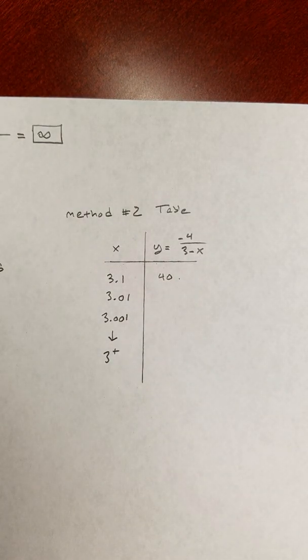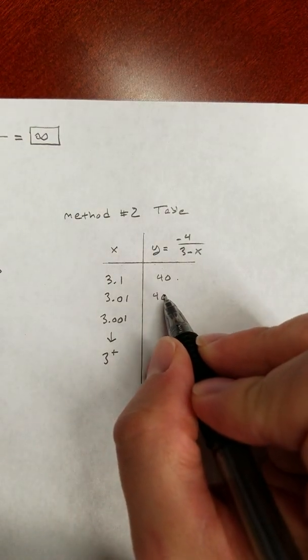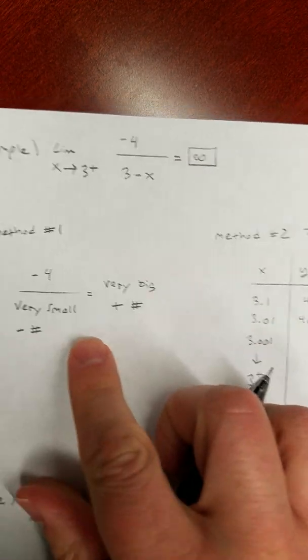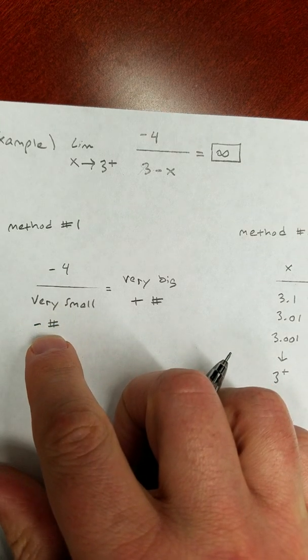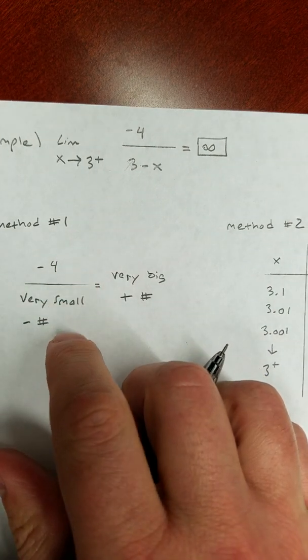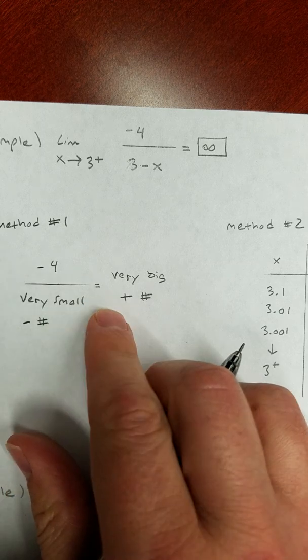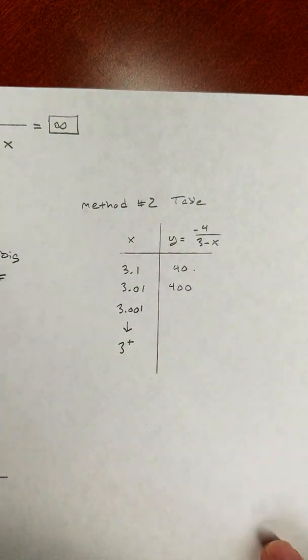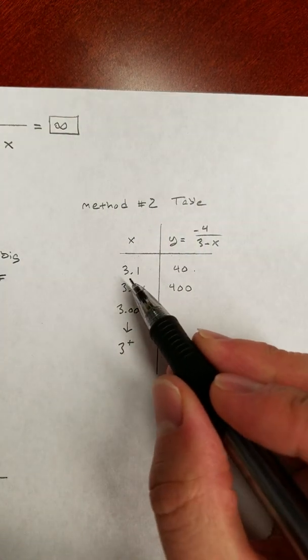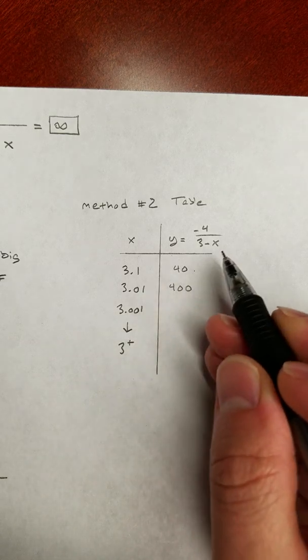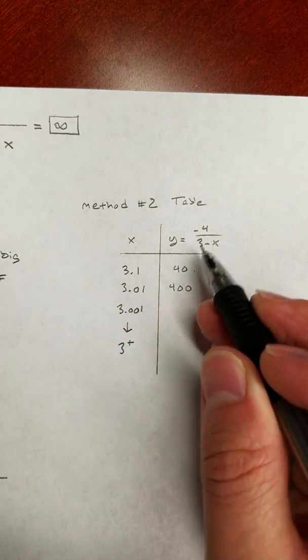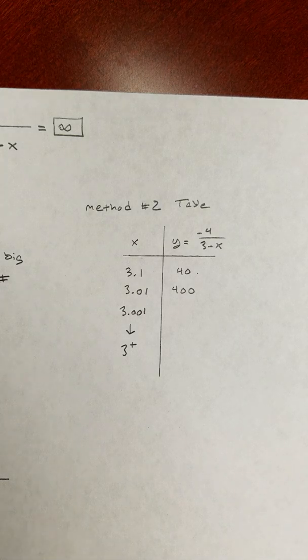Let's do the next one: negative 4 divided by 3 minus 3.01. That's going to be 400. So now we're seeing what we thought would happen. You'll get negative 4 and divide it by a very small negative number, and you'll get a very big positive number. The closer that is to 3, the smaller number you end up dividing by down there, and the bigger answer you end up getting.